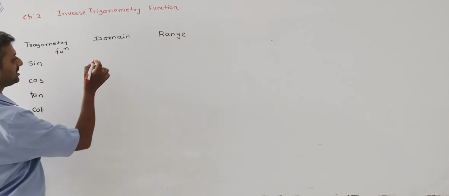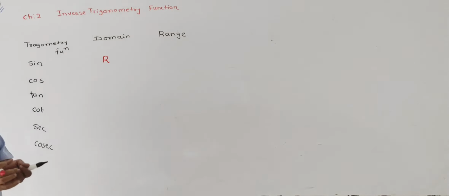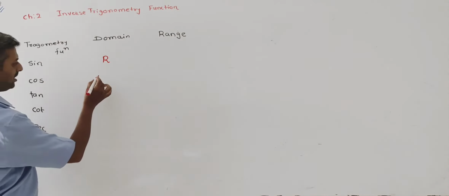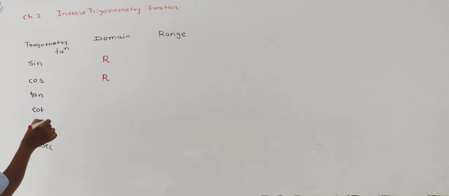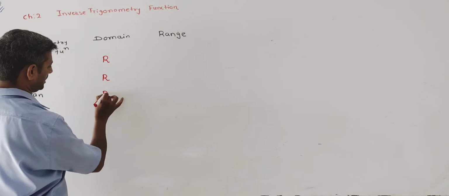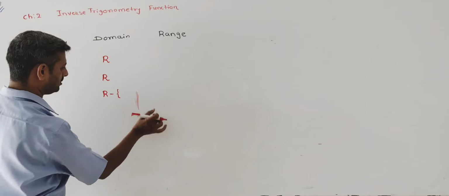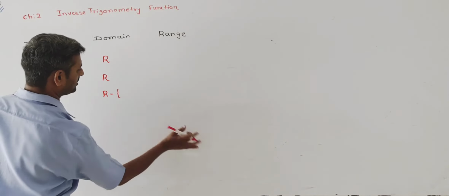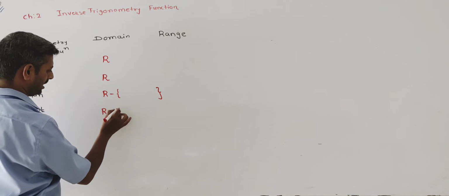Its domain is R, meaning for any angle you can get a value of sine. Same way the domain of cos is R. Tan is R minus something, which I will show you. Cot is also R minus something.